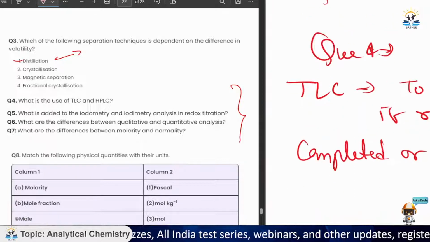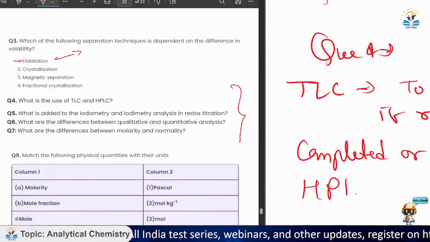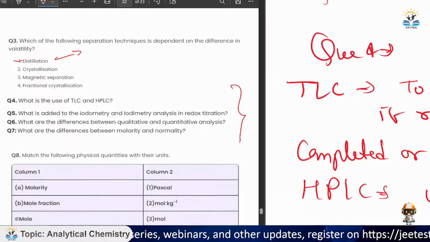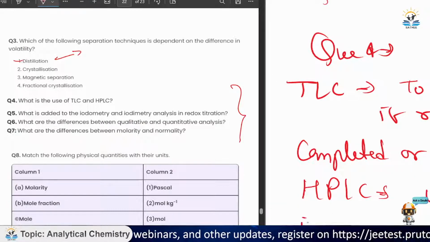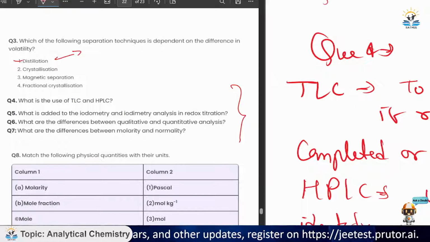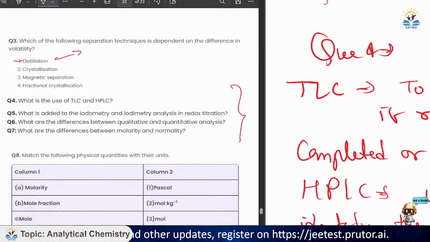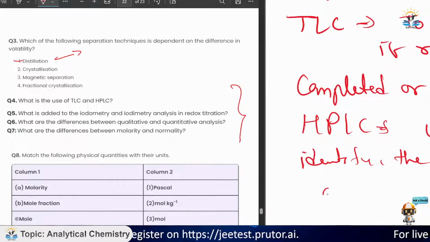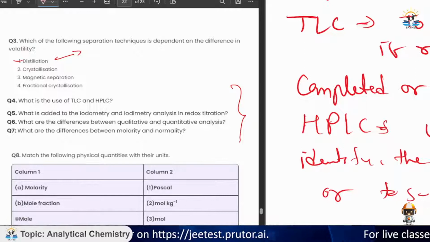On the other hand, HPLC is used to identify the quantity or to separate the mixture.